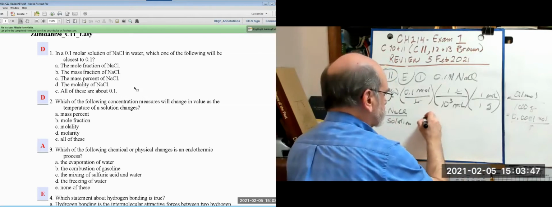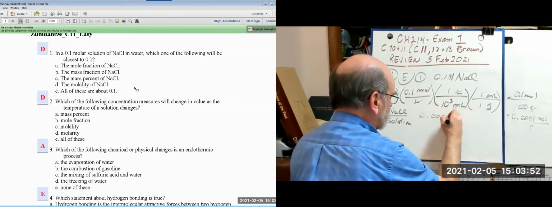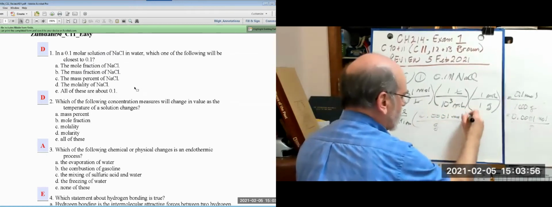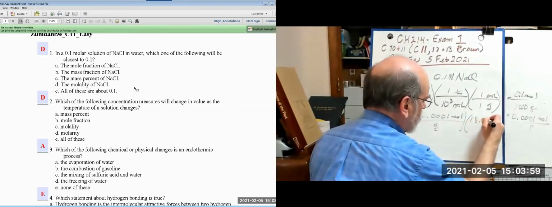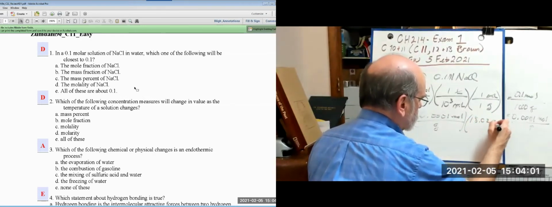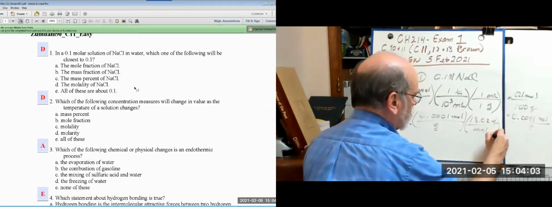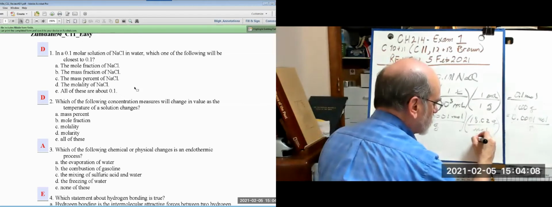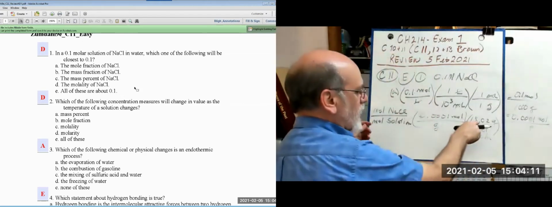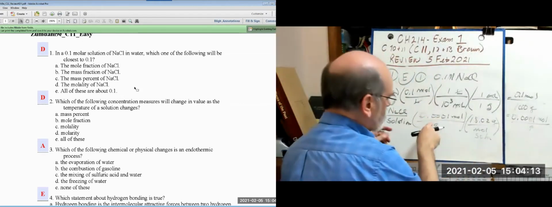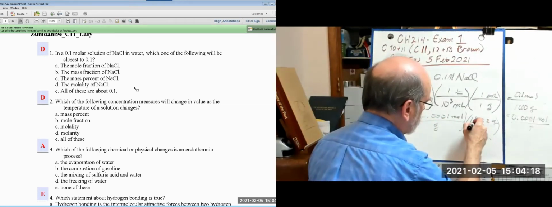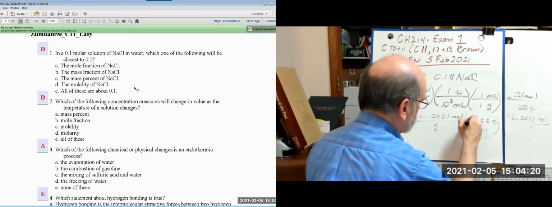Grams of water would be 18.02 grams per mole of water, and we're saying this is moles of solution. So 18.02 times this would be 1, 2, 3, 4, 0, 0.